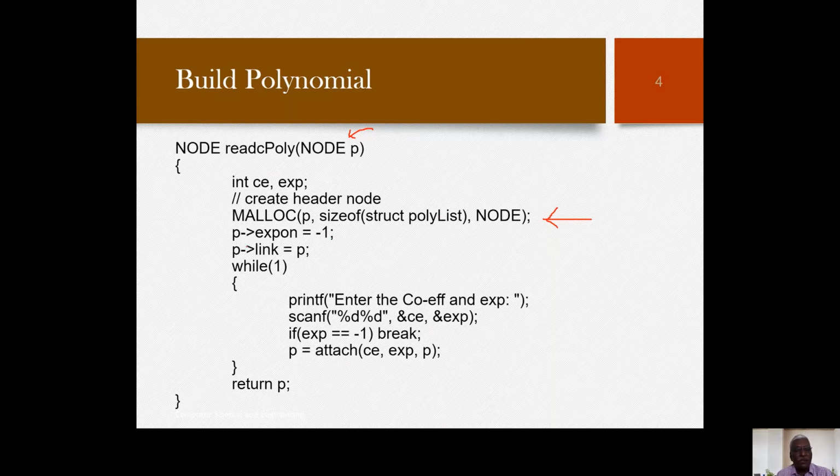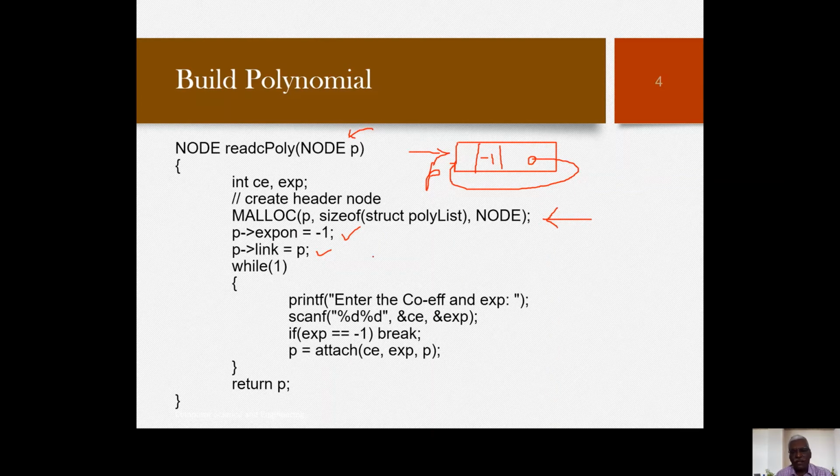So now the exponent is put as -1 and the link field is pointing to P. So my P is allocated, the exponent field is put as -1, and the link field is pointing to P again. So it's a circular one. My header node is created with P pointing to it, and my link field points back to P. That's what happens here.